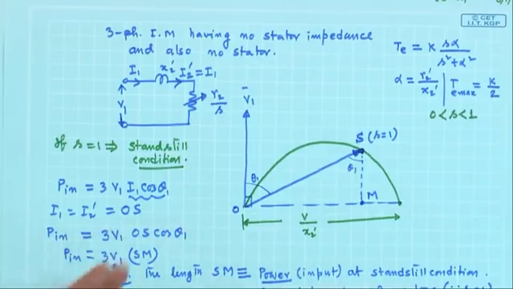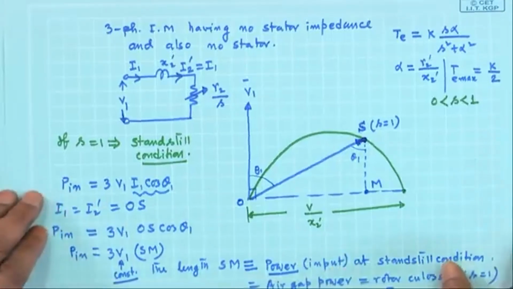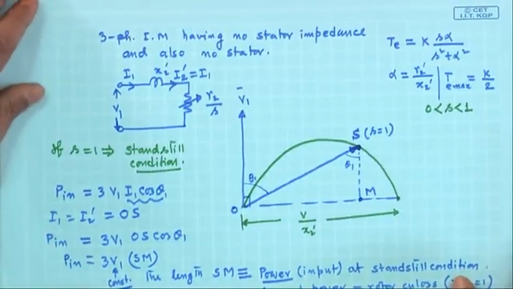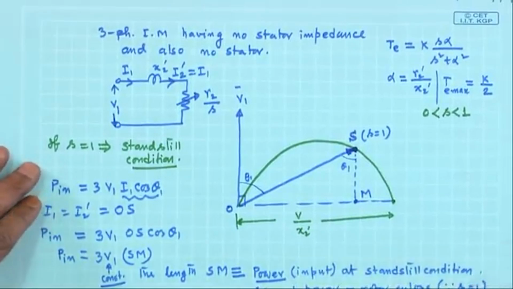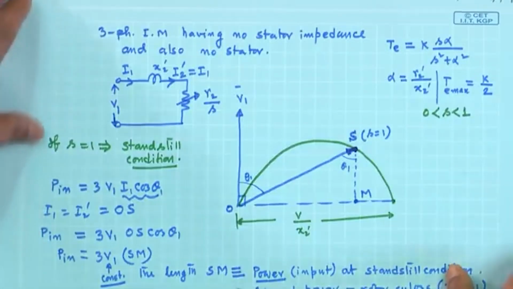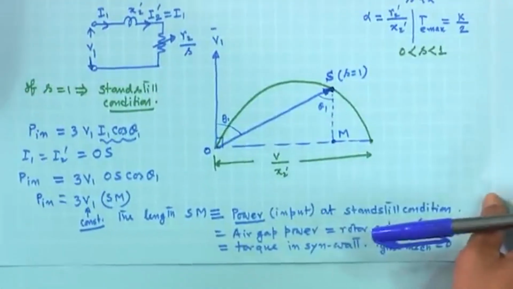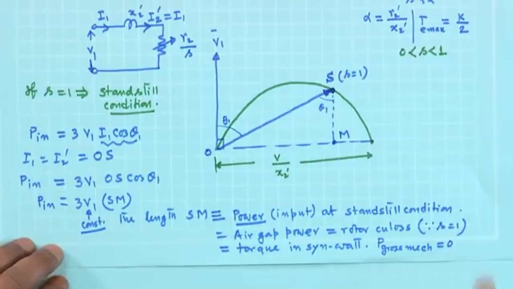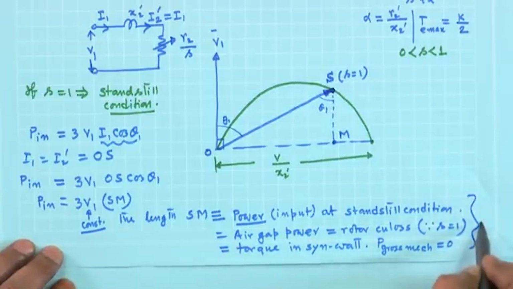So, everything is at S equal to 1, this is the picture, nothing else, and output mechanical power is 0 in this case. P gross mechanical is equal to 0, I am sorry, P gross mechanical is equal to 0 at S equal to 1. This is everything at S equal to 1.